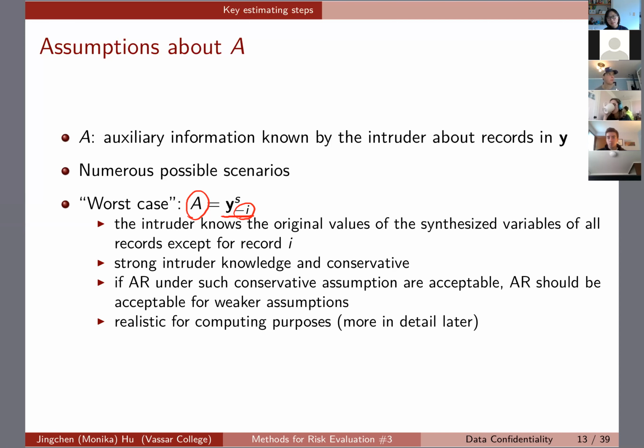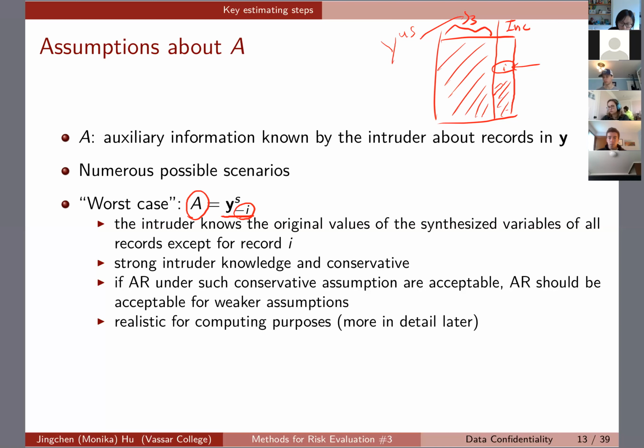Remember the little graph that I was doing earlier. Income is synthesized, and the 3 other variables are in the YUS, so that's all known by the intruder. Let's say we're trying to evaluate risk for this record i. Once we make the assumption about A, the intruder knows all of the shaded information except for that record. It's a little bit unrealistic, I agree.